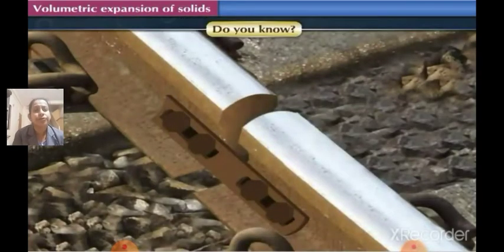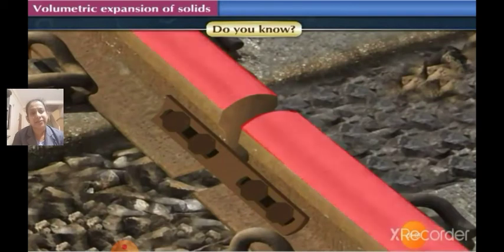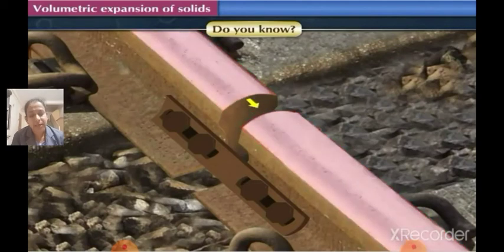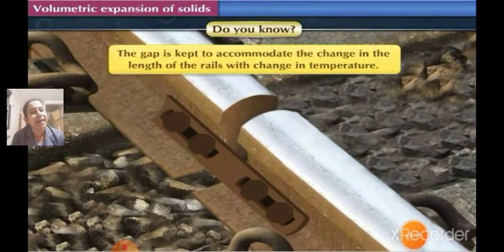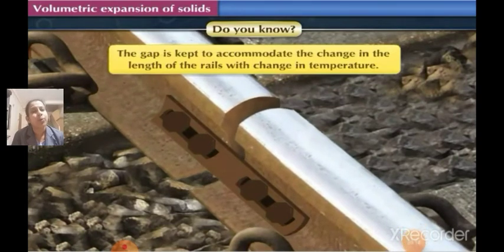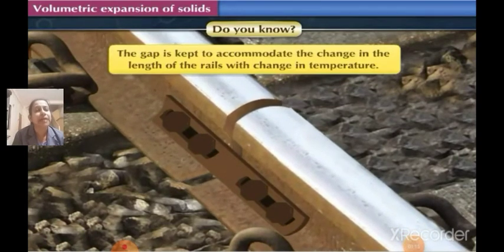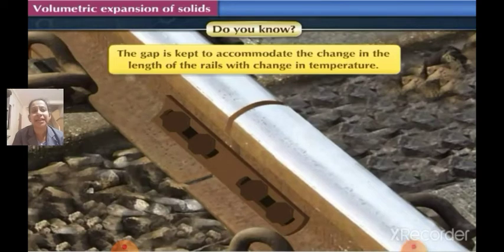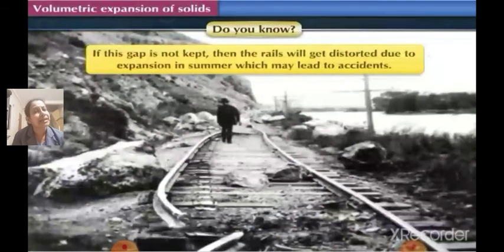Now, have you seen the rails? They are not continuous. A small gap is kept between them at regular intervals. So you can see a small gap here, right? Why is this gap kept? It is to accommodate the change in the length of the rails with the change in the temperature.